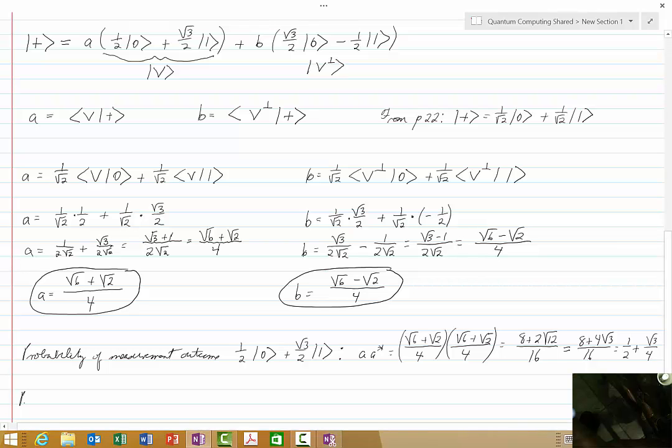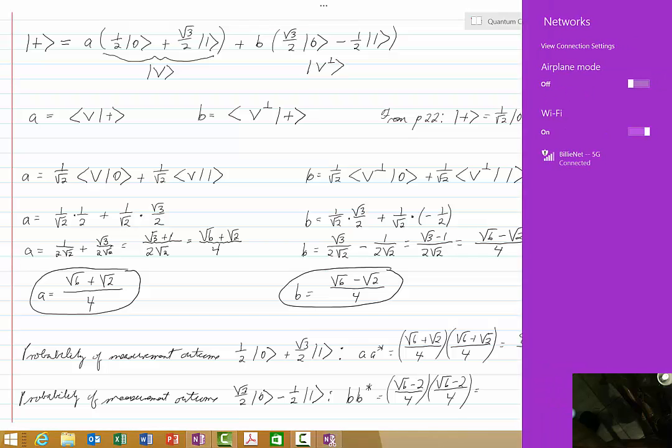And the probability of measurement outcome square root of 3 over 2, 0 minus 1/2, 1. Well, that will be B times B conjugate, which is square root of 6 minus square root of 2 over 4 times the square root of 6 minus square root of 2 over 4.